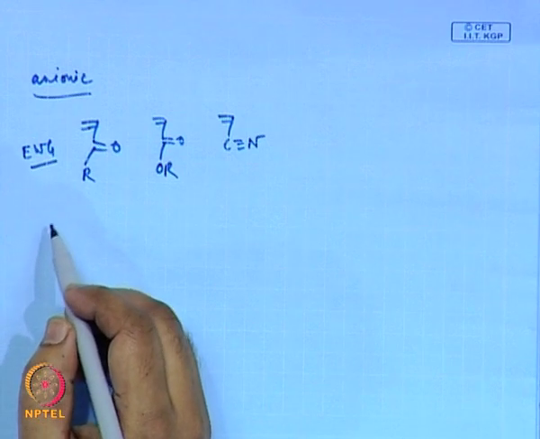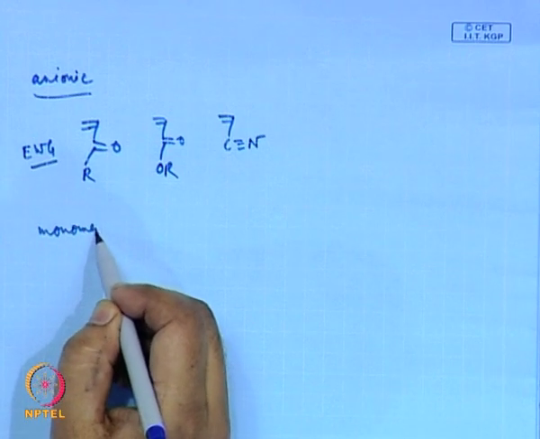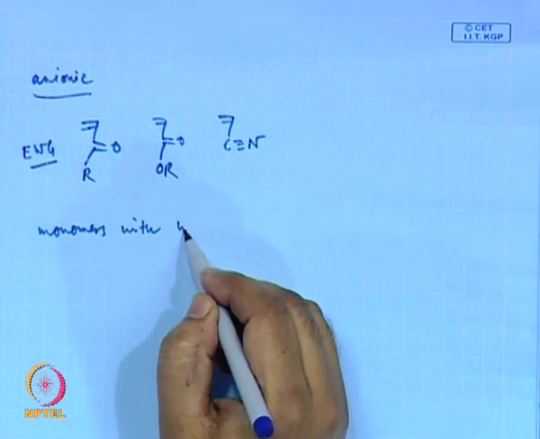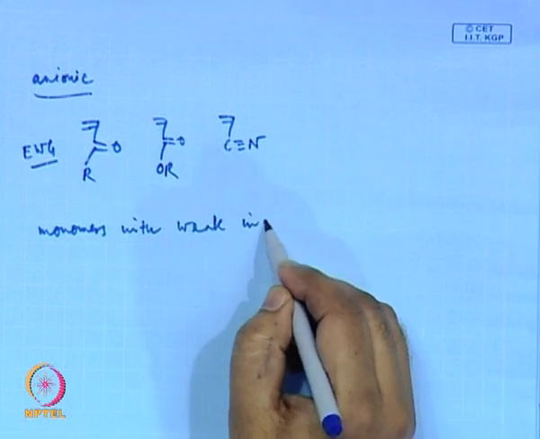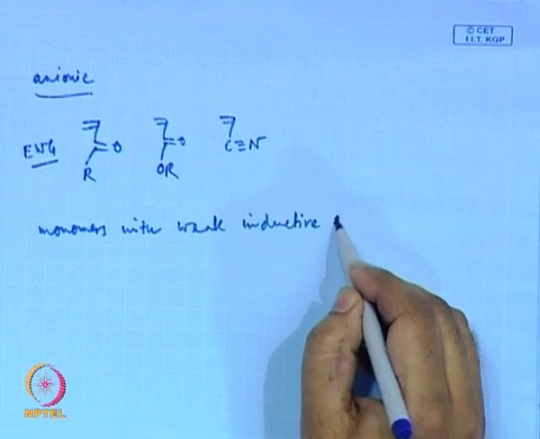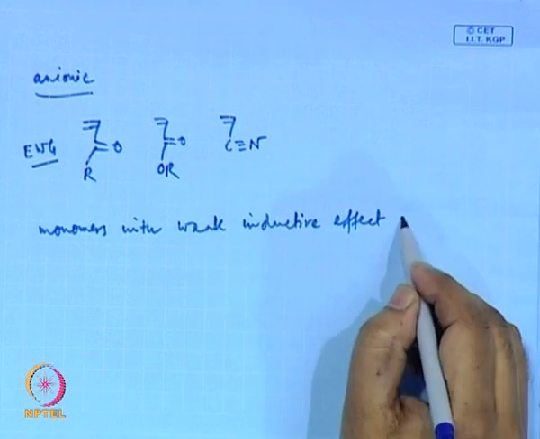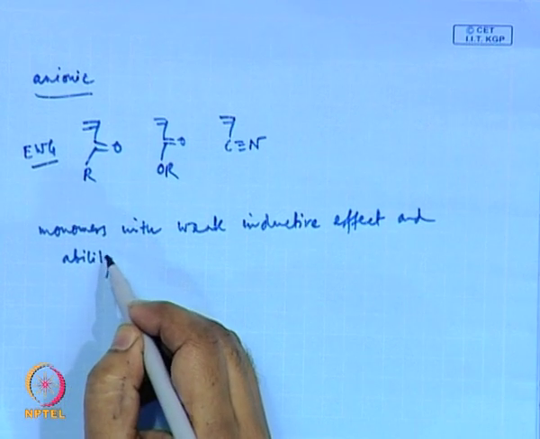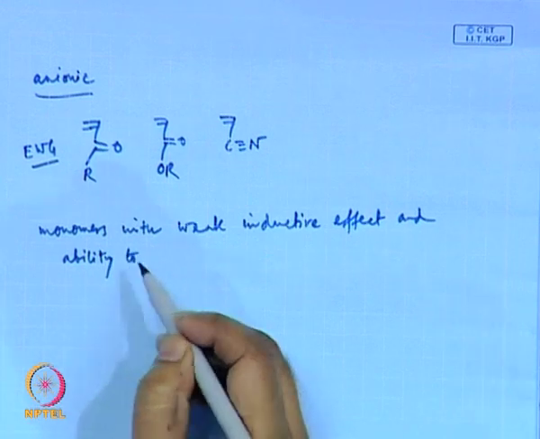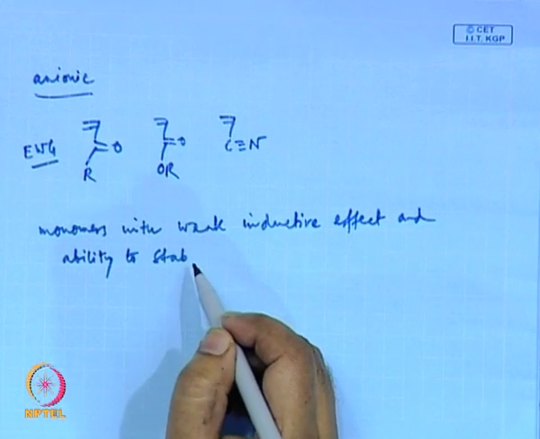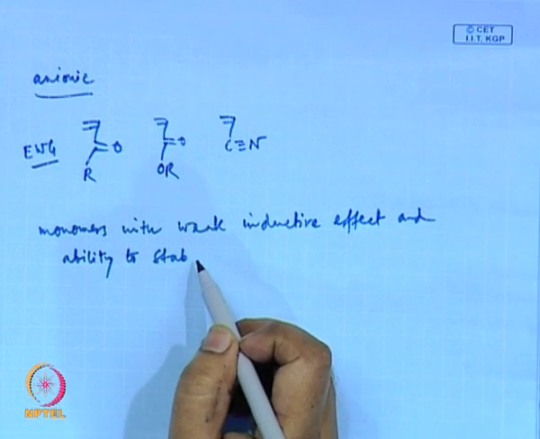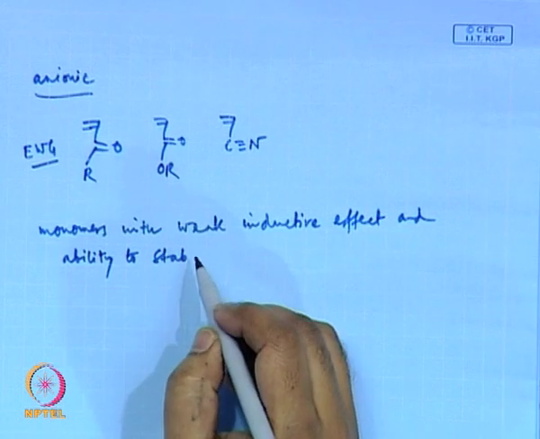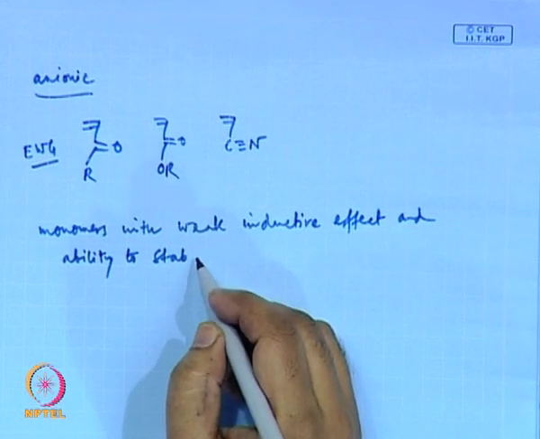Only monomers with a weak inductive effect and the ability to stabilize the propagating species by resonance, both cationic and anionic, can be polymerized by both cationic and anionic polymerization.